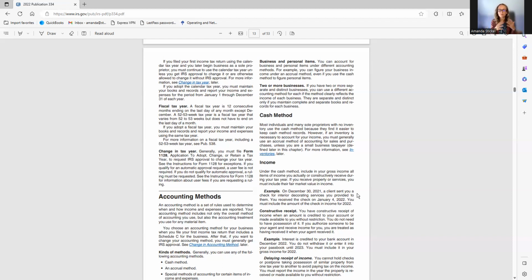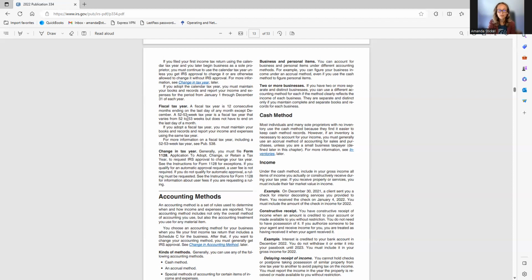You have different start dates, and a fiscal year could be if you have high peak seasons during a period in the year. So you want to make sure you're reporting appropriately your income and expenses for the tax period that you're looking at, so that way you can file taxes appropriately and related to your income when you receive it.